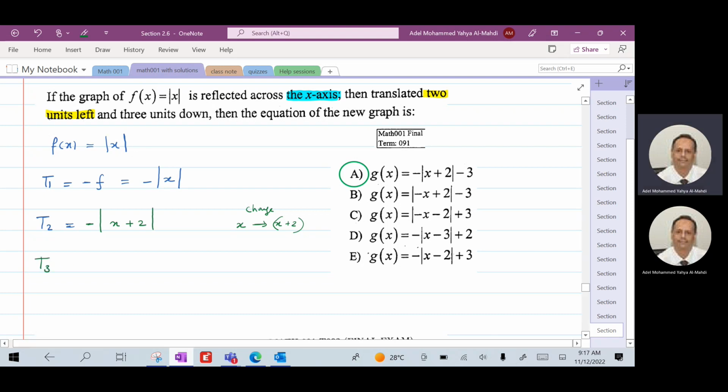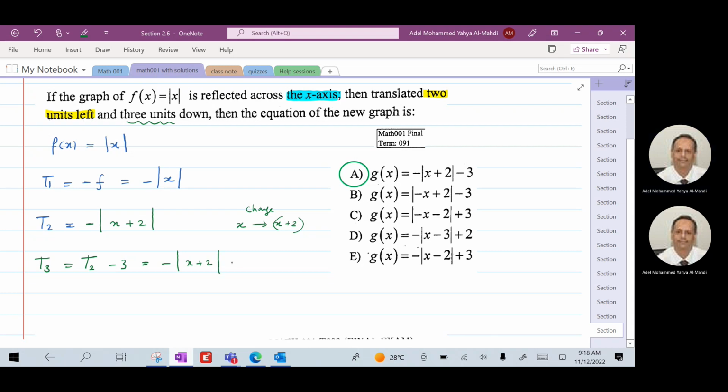Now T3, which is the last one, is 3 units down. We shift the graph of T2 3 units down. So it is going to be minus the absolute value of x plus 2, minus 3, and the answer is given in A.